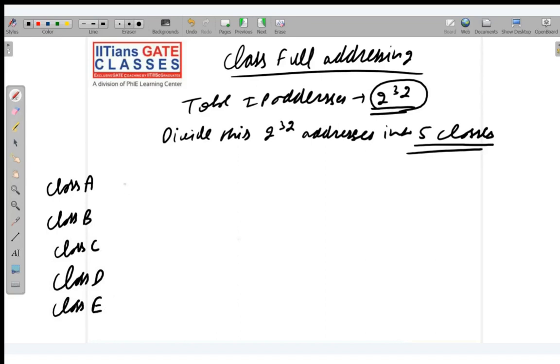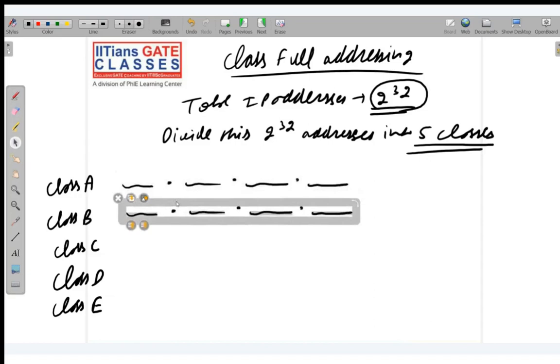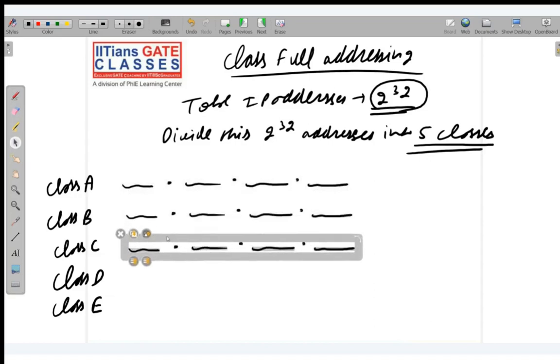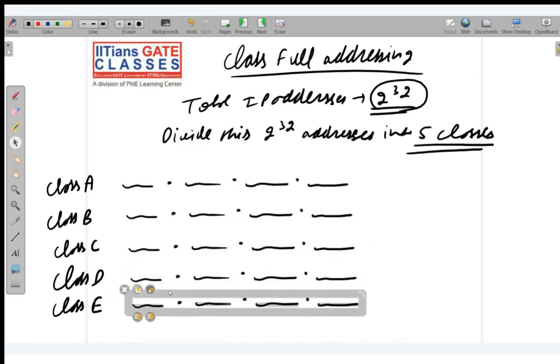There are 4 octets. Now I'm telling you how they are divided. For class A, the first octet's first bit is 0.